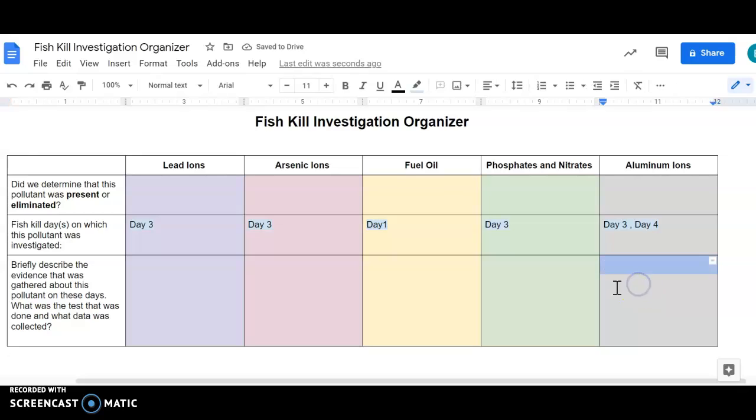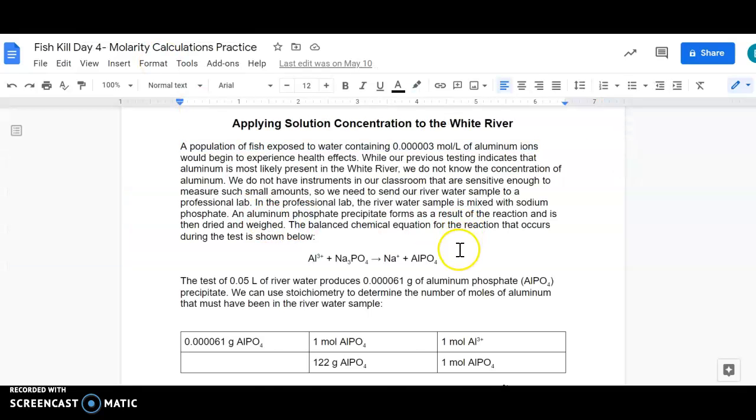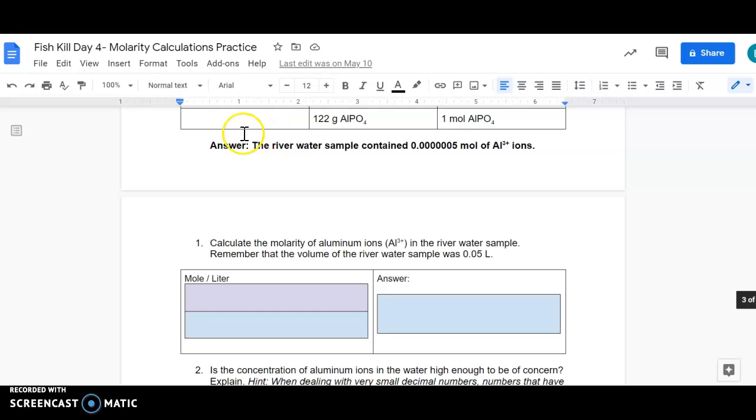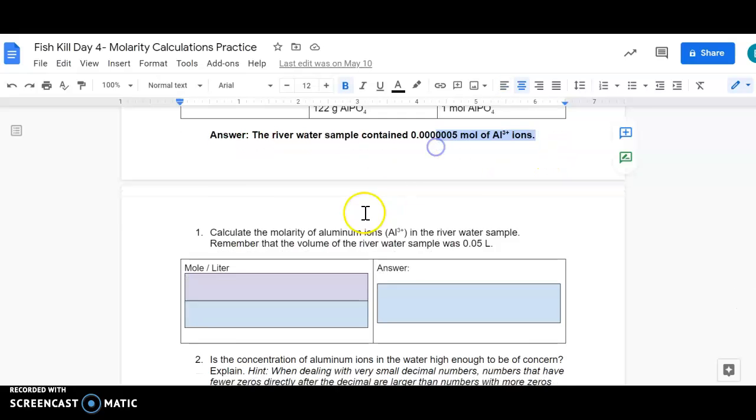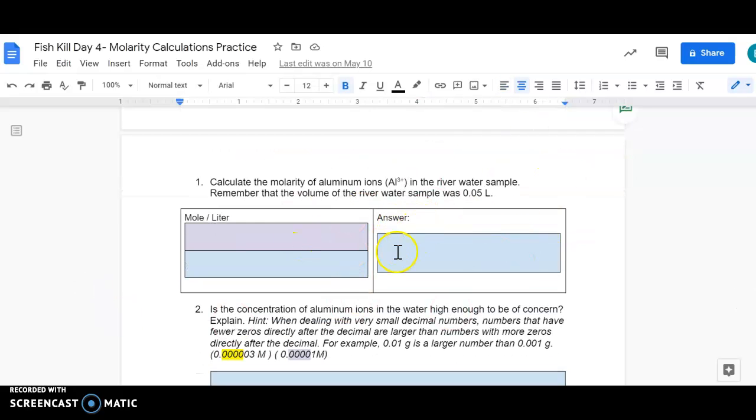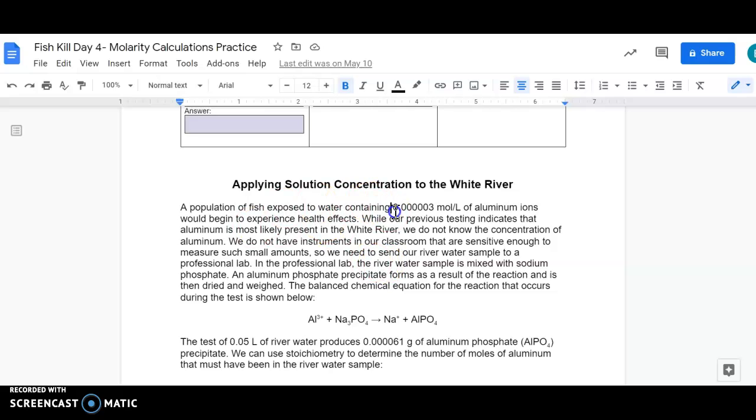And you'll put more information than this, but we use some molarity calculations to determine our concentration. On day 4, it gives you the ions. You did your calculations here and compared it to toxicity levels. So talk about your data.